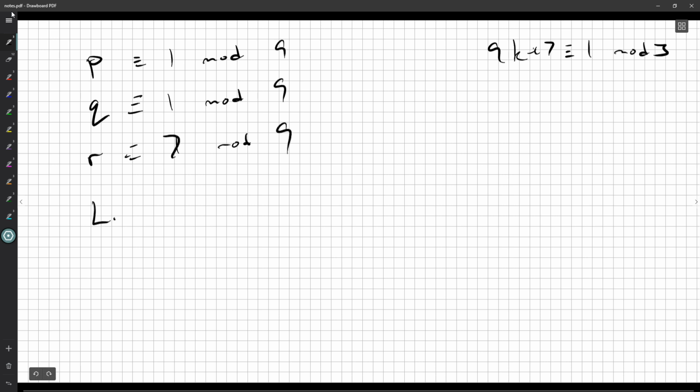So, let's say let R equal 7. Obviously, that's congruent to 7 mod 9. We'll say Q is 19, because 18 plus 1 is a prime. And we'll make P, so 9, 18, 28 isn't 1, 37. 37 should do the trick.